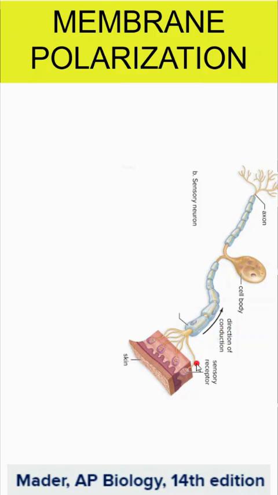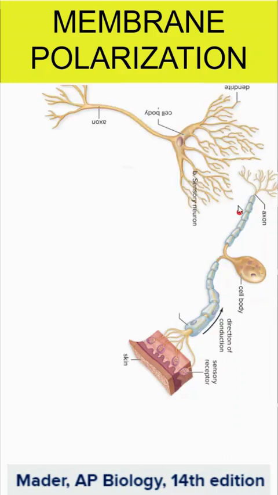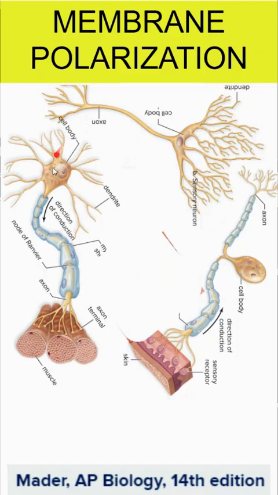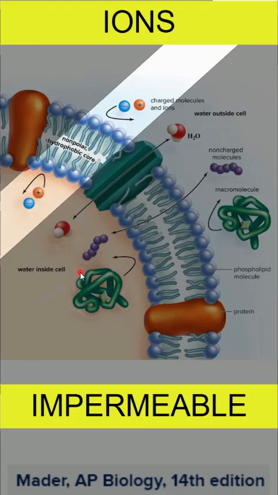To send a message from, let's say, your skin or from a sensory receptor, to conduct that message has to do with membrane polarization. It goes from the sensory neuron to the interneurons up in your spinal cord and brain, and back out through your motor neurons. All of this passage of information happening electrically has everything to do with membrane polarization.